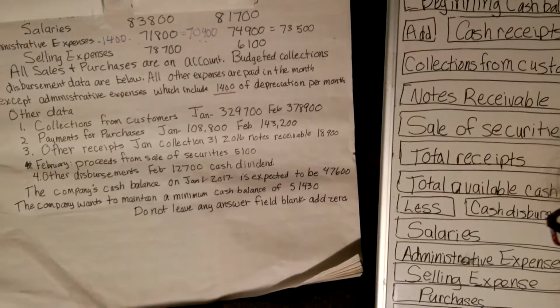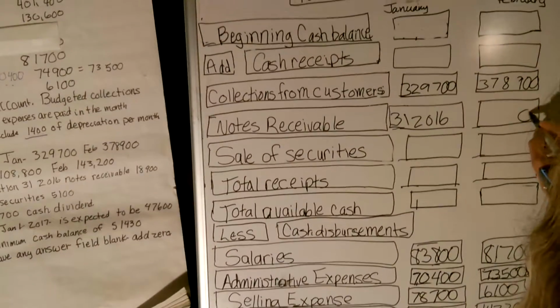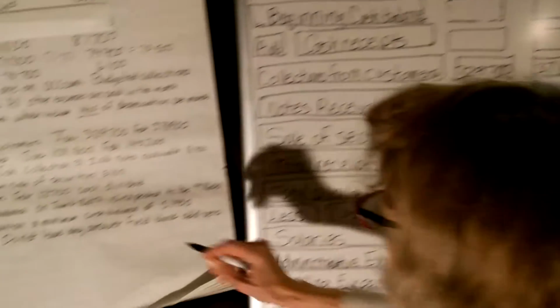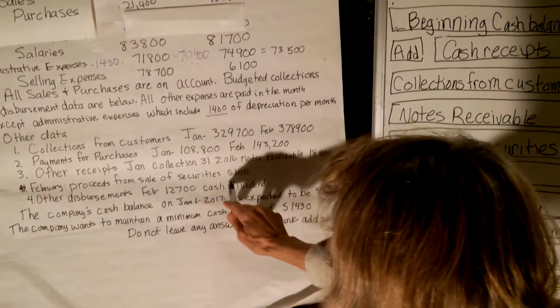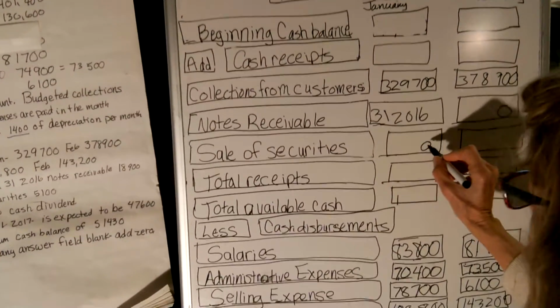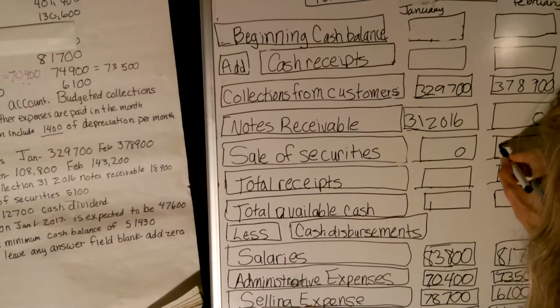There's zero in February, and then we go to proceeds from sales of securities. Sales of securities is zero in January, but in February it is 5,100.